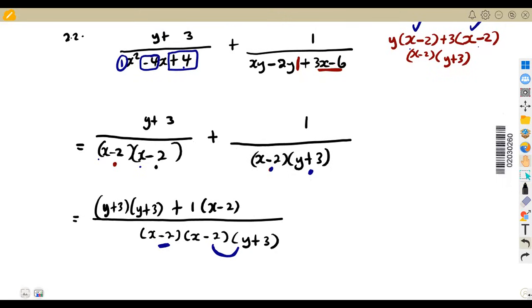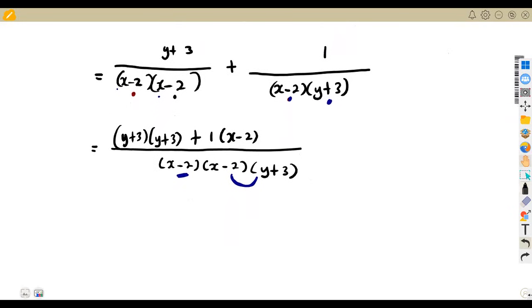At this stage, what you're going to do is to expand your brackets, collect like terms, in this case, on the numerator. The denominator, you just have to maintain as it is. So if we are to expand our brackets, y and y here is going to give us y squared. Then that's y and 3, which is going to give us plus 3y. In this case, we are done.